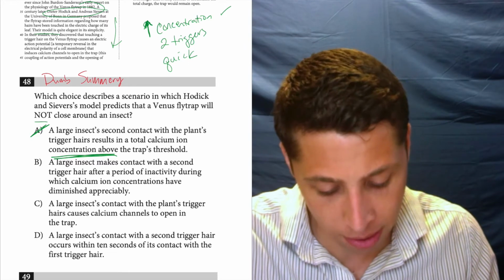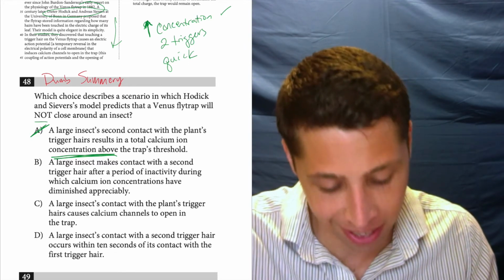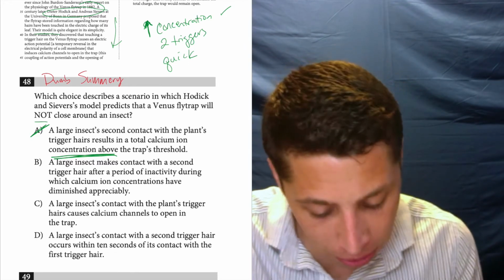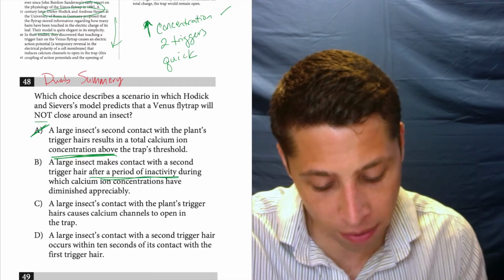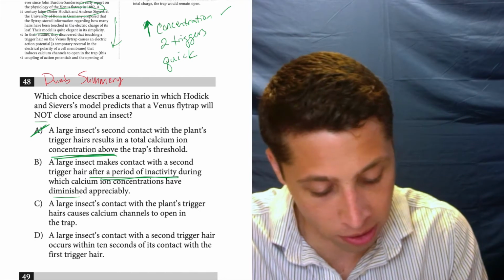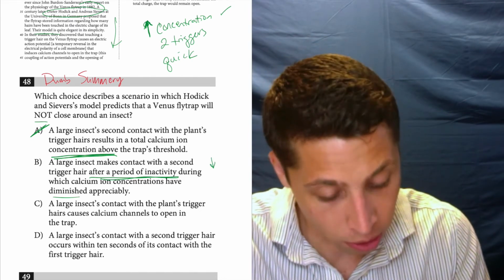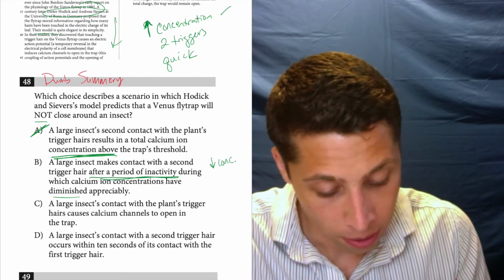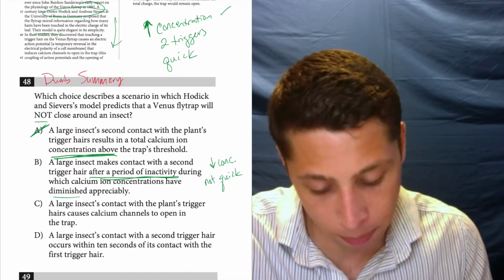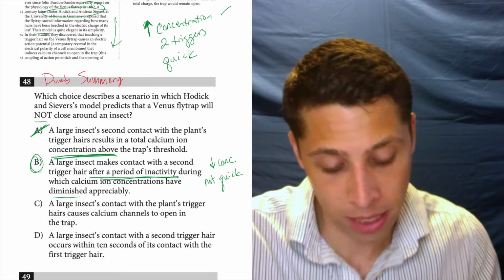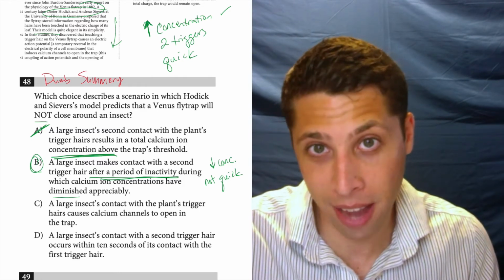B, a large insect makes contact with a second trigger hair after a period of inactivity during which calcium ion concentrations have diminished appreciably. So this has two problems, right? Low concentration and not quick, a period of time. That's probably the answer. It goes against two of the things that they said.